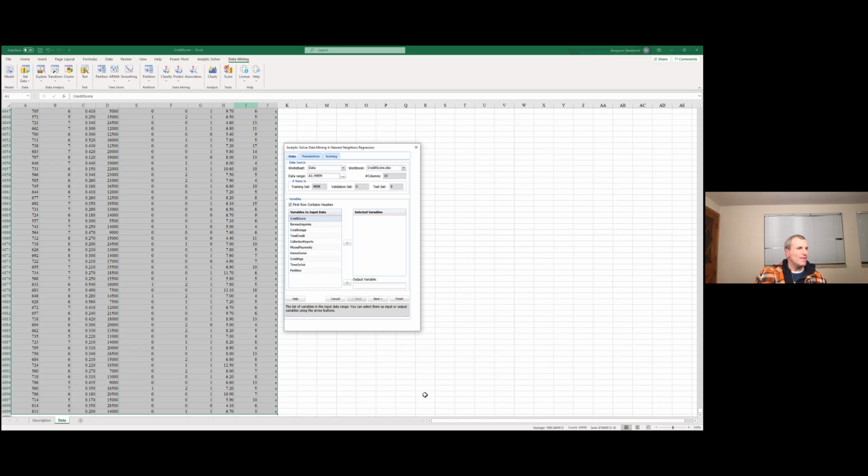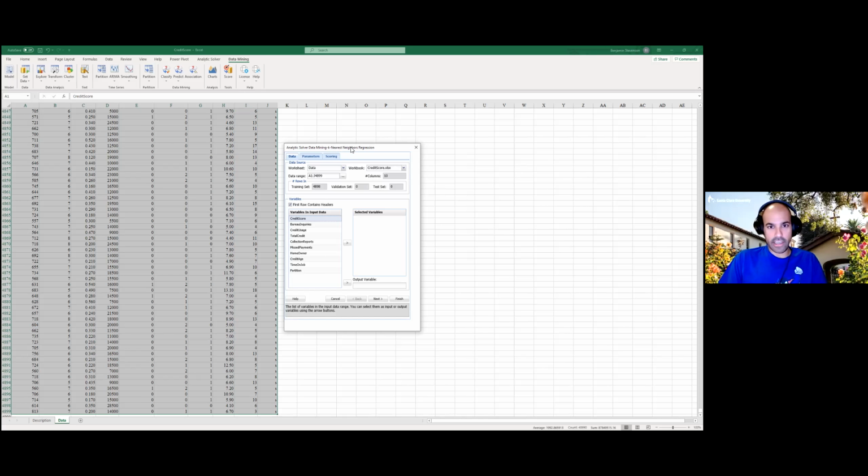All right, guys, so we are doing a kNN regression, or a kNN prediction, because our credit score is a continuous number instead of a categorical score. So we're going to take our credit score, dump it into our output variable. Then we're going to take everything else except partition, dump it into our selected variable.